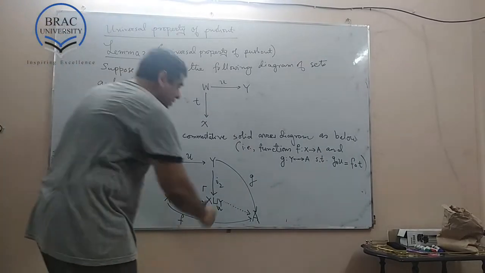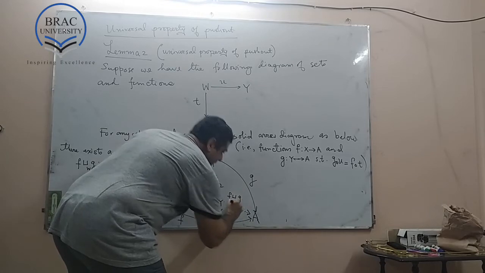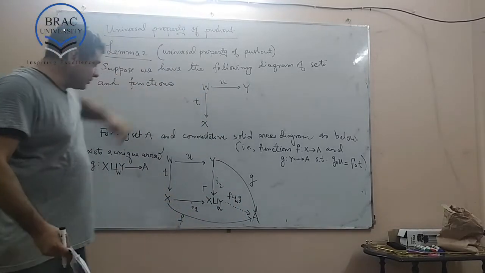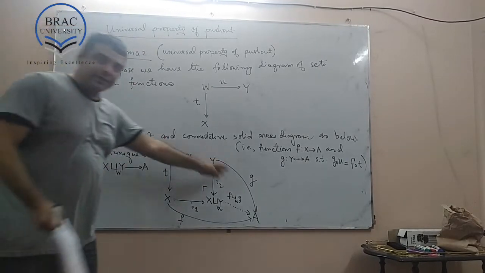This is what we have denoted by this symbol. Right? So the universal property of pushout tells that there exists such a unique map for which everything commutes.